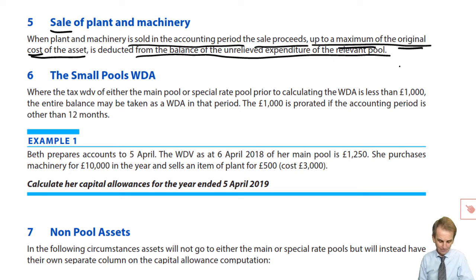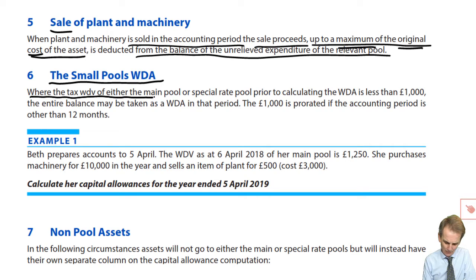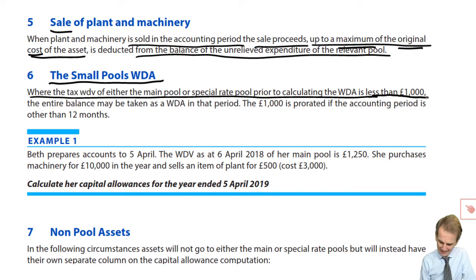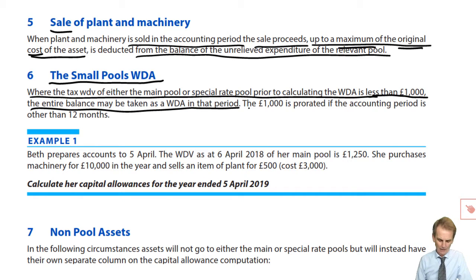Okay, we'll show that in a moment, but what you might get, as a result of the deduction of the sales proceeds, is that where the tax written down value of either the main pool or special rate pool prior to calculating the WDA is less than £1,000, the entire balance may be taken as a writing down allowance in that period.